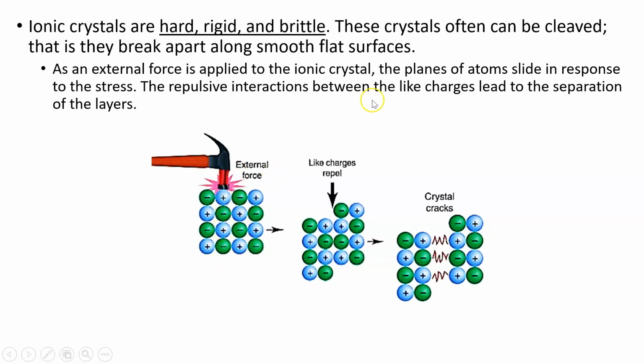Looking at this second picture, as we move the atoms down a little bit, the like charges will line up, and that repulsion will lead them to separate like this, and then we break off into different layers. This leads to the brittle nature of ionic compounds.